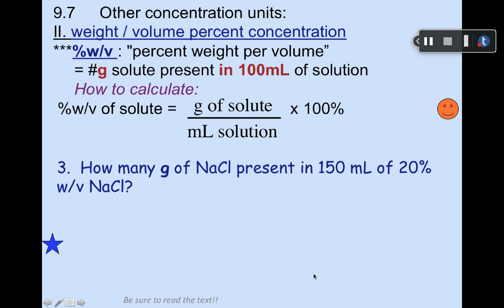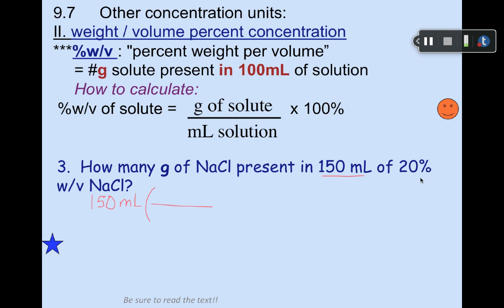Okay, let's find another one. If you want to figure out how many grams of sodium chloride are present in 150 milliliters of 20% weight per volume sodium chloride, set it up as a conversion problem again. Use a value that's not a conversion factor for your starting point. So take the 150 milliliters of this solution.